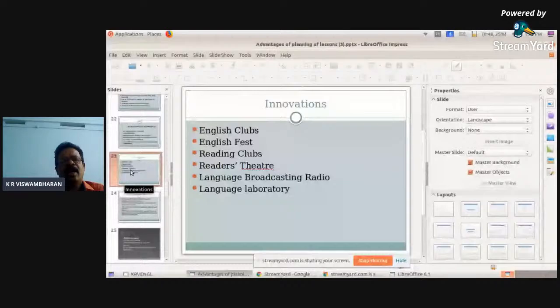They can share the materials with parents, mothers, to improve reading. There can be a lot of innovative activities under the leadership of reading clubs. Another important thing is that this is also a responsibility.